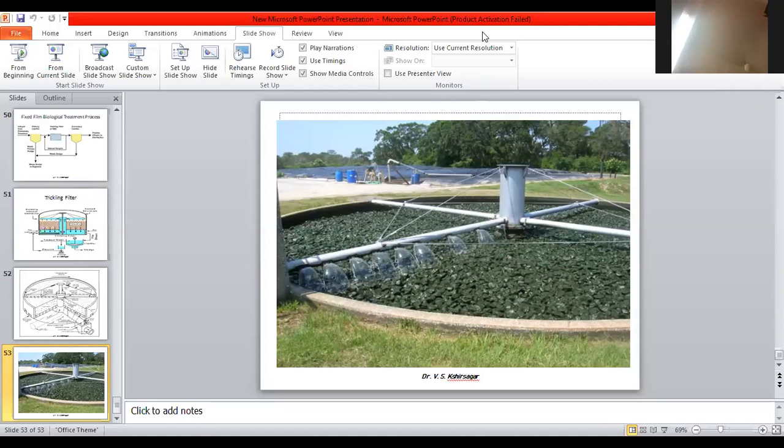The biological film is formed around the filtering media.